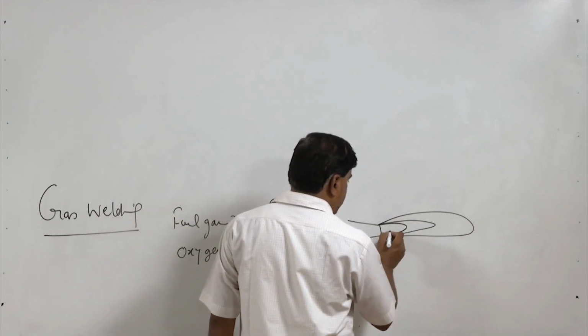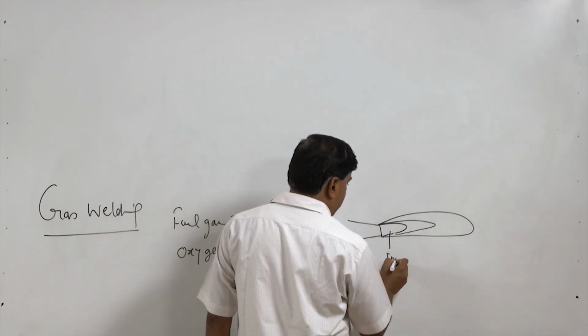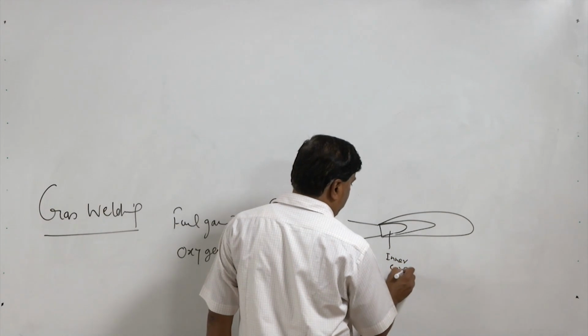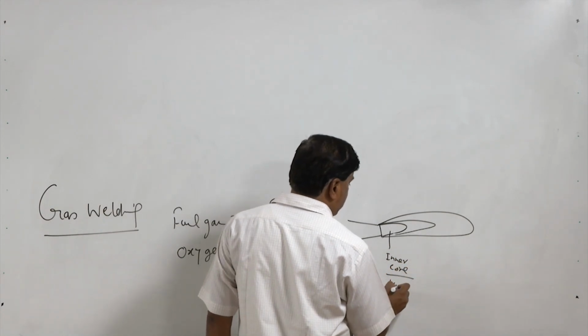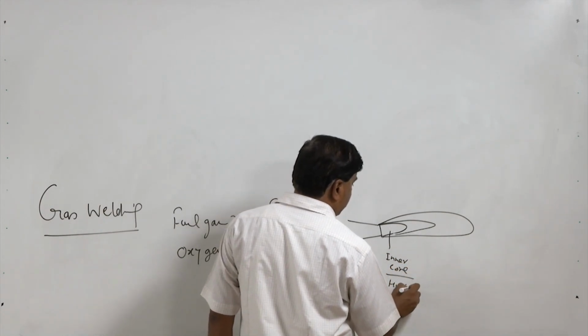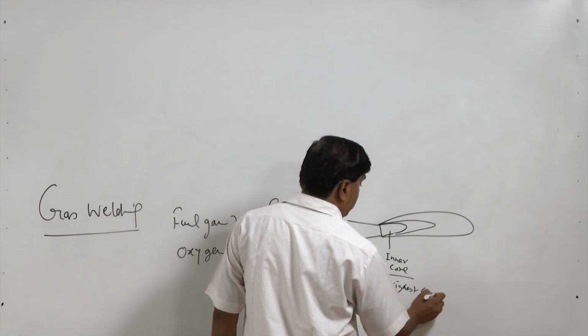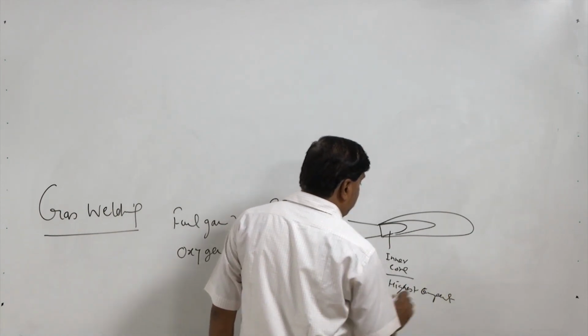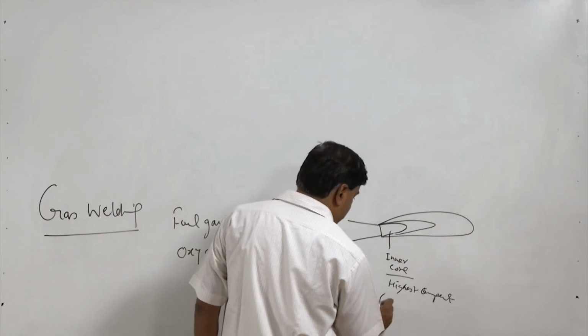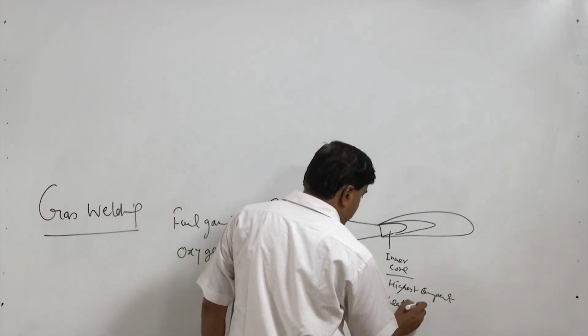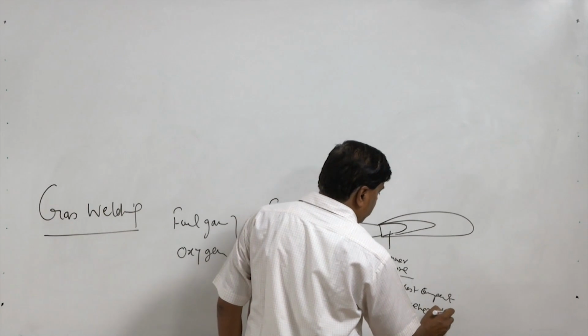So this is called the inner cone of the flame. It offers the highest temperature. However, the amount of heat generation in the inner cone is less.